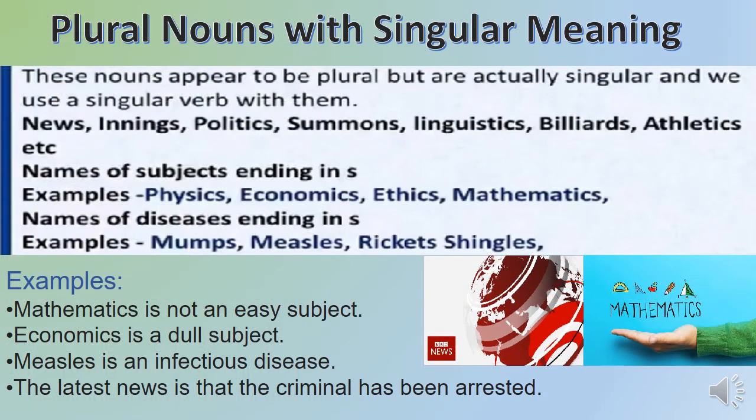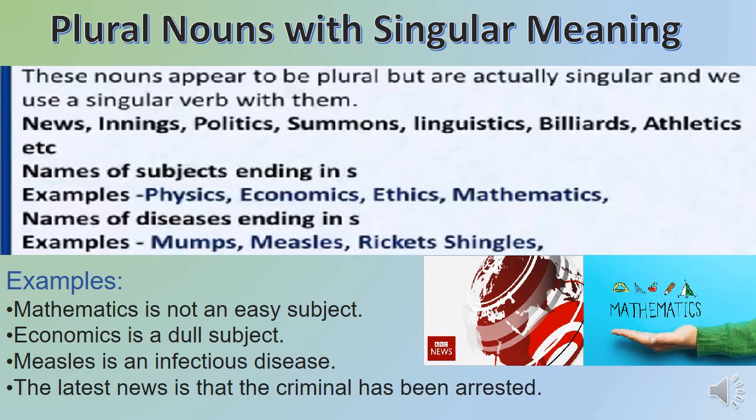Next, we have plural nouns with singular meaning. These nouns appear to be plural but are actually singular, and we use a singular verb with them. So here they all end with S. You can see news, innings, politics, summons, linguistics, billiards, athletics, etc. Though they appear to be plural, they have a singular meaning, which means only one.